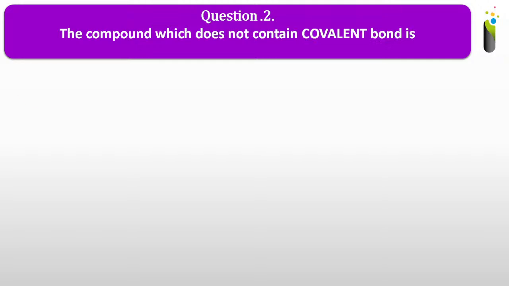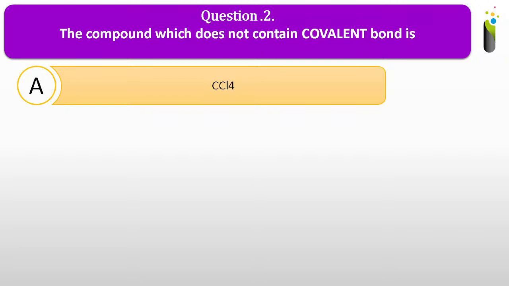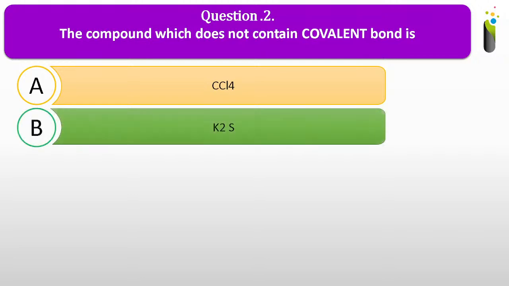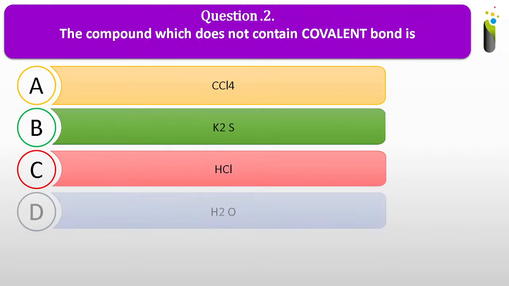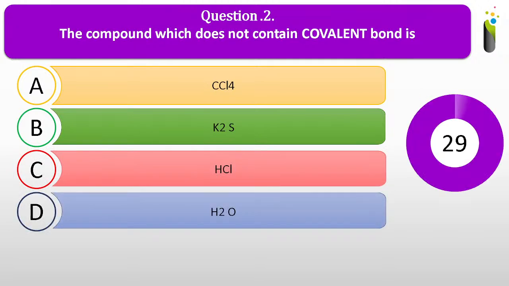A. CCl4, that is carbon tetrachloride. B. K2S. C. HCl. D. H2O. So the compound which does not contain covalent bond is dash.